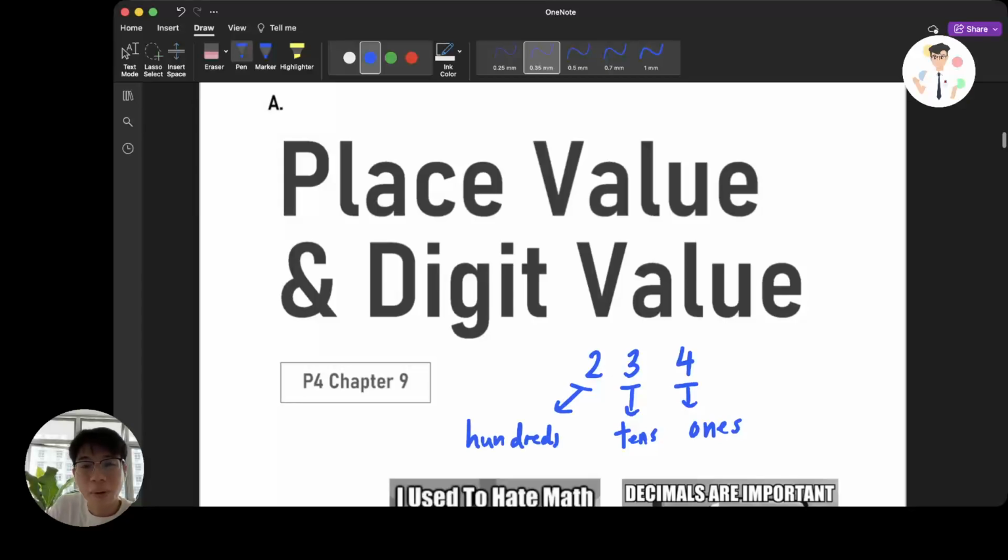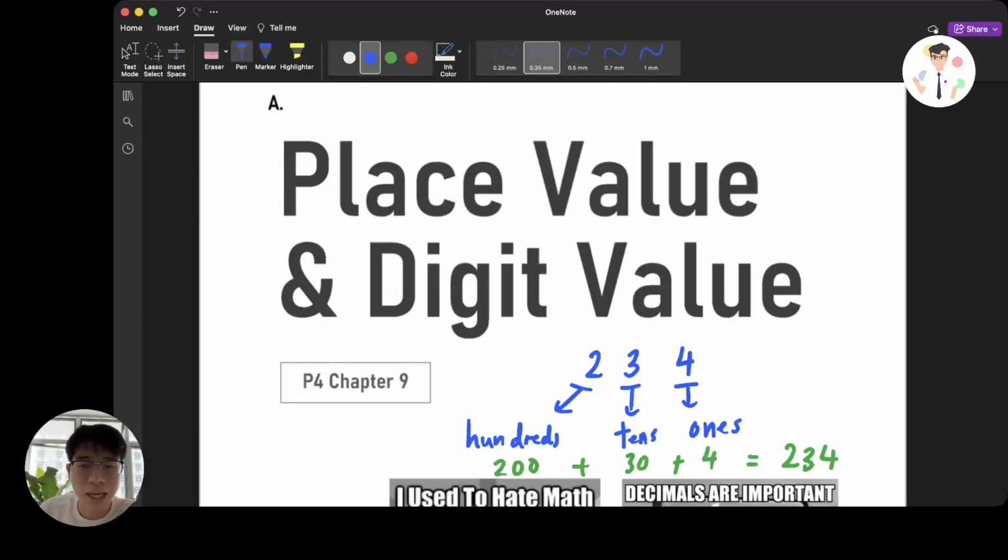Now, if you talk about digit value, then this ones is actually 4, this tens is actually 30, and this hundreds is actually 200. And we can see very clearly, 200 plus 30 plus 4 gives you back the number 234.